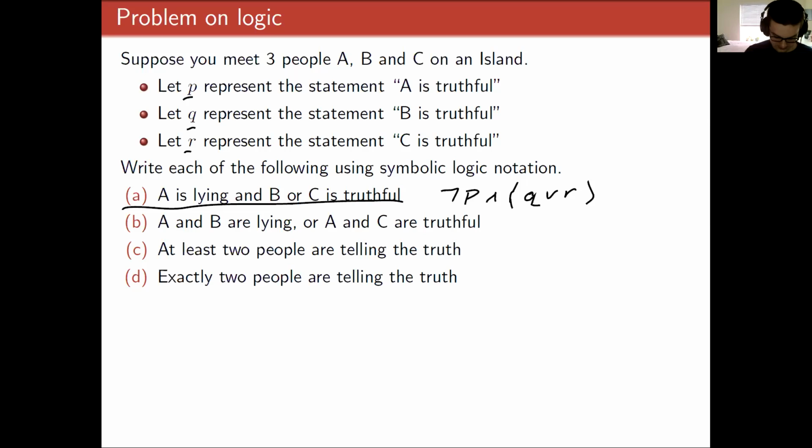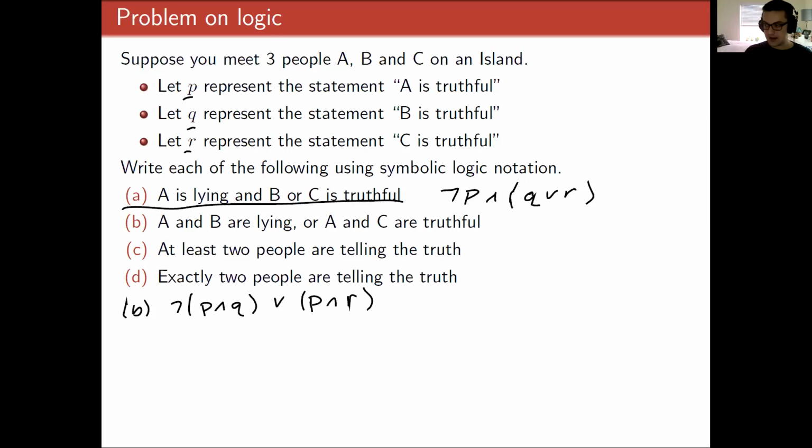We just did the not symbol, and then in parentheses P and Q, and then end parenthesis, and then we did or, and then parenthesis again, P and R. Okay. So what you're saying here is that it's not true that A is truthful and B is truthful, or A is truthful and C is truthful.